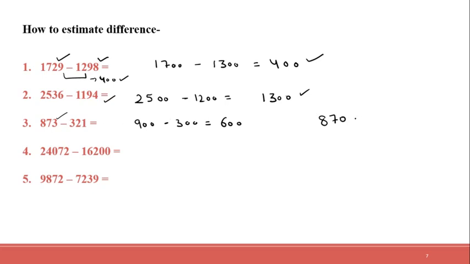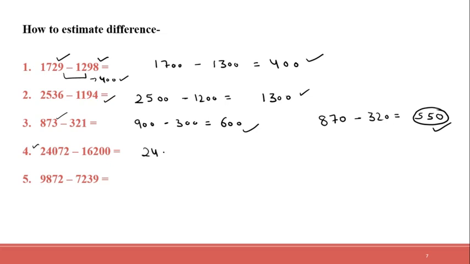This is 870 minus 320, and it will become 0 minus 0, 0, 7 minus 2, 5, and 8 minus 3, 5. Got it? So both the estimations are absolutely right. It is just a way to get the rough estimate, and you can get it as precise as you want, right? Now come to this one.